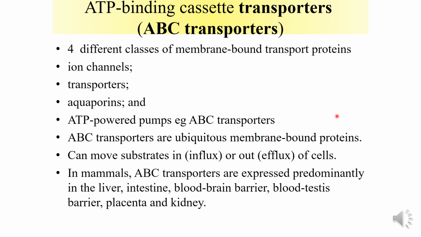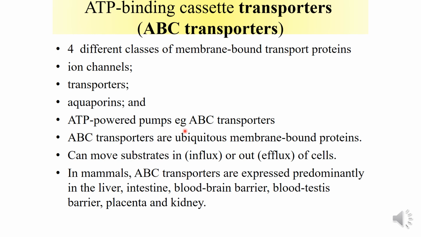Now we come to a specialized type of transport which is known as ATP binding cassette transporters. It is also abbreviated as ABC transporters. These are four different classes of membrane bound transport proteins. These include ion channels, transporters, aquaporins, and the last one is ATP powered pumps.